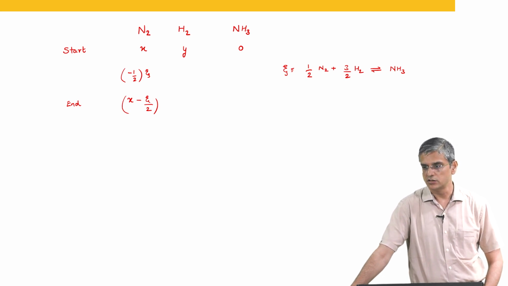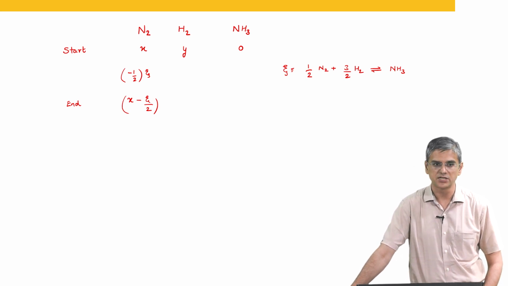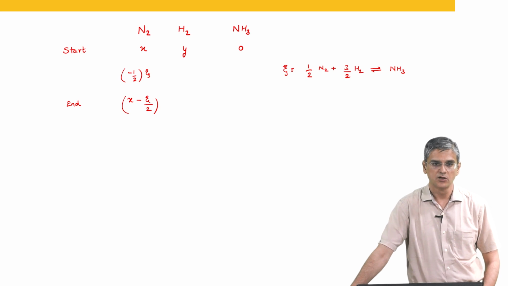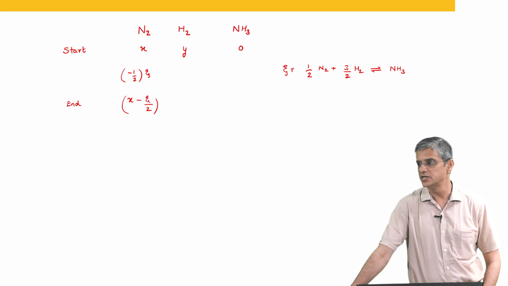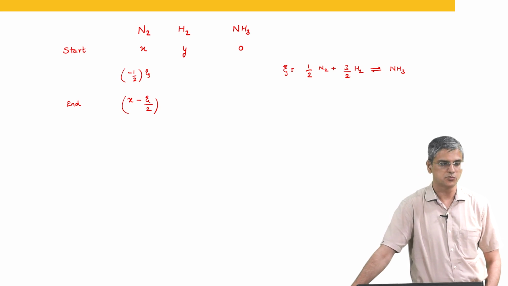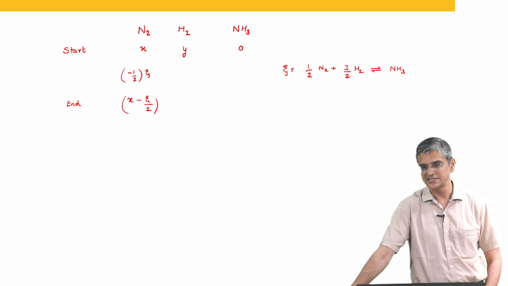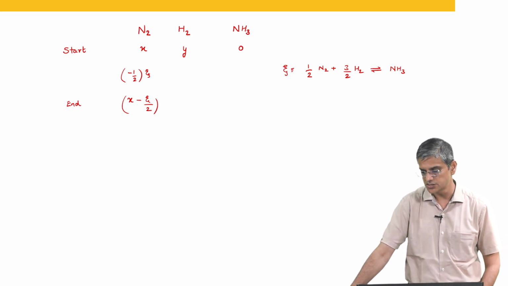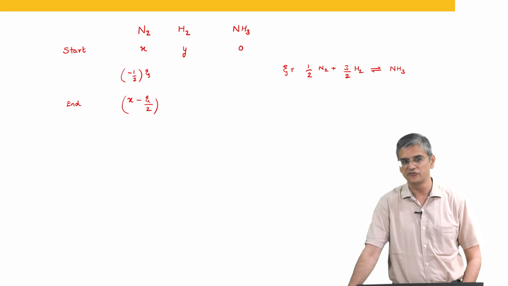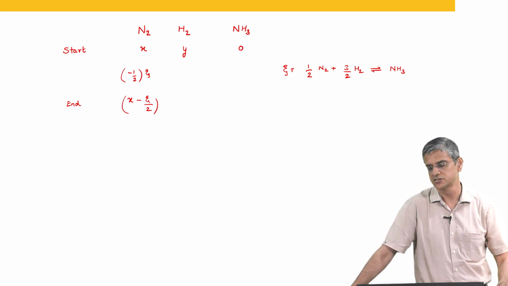Delta G is given. From delta G, you will calculate K equilibrium. K equilibrium is e to the power minus delta G by RT. K equilibrium and Kp have the same values provided the pressure is in bars. It is not the same, K equilibrium and Kp are not the same, because Kp will have units of bar inverse.